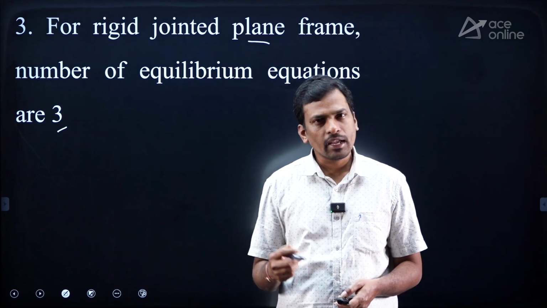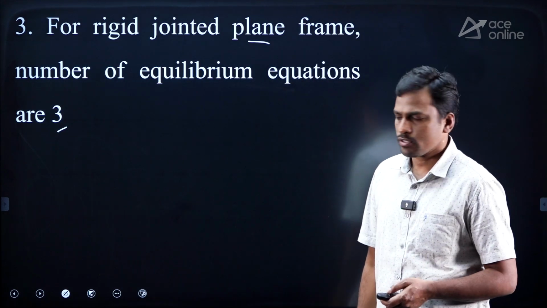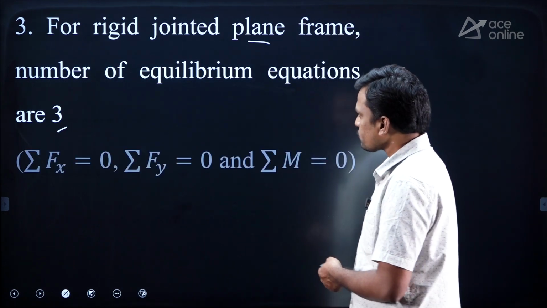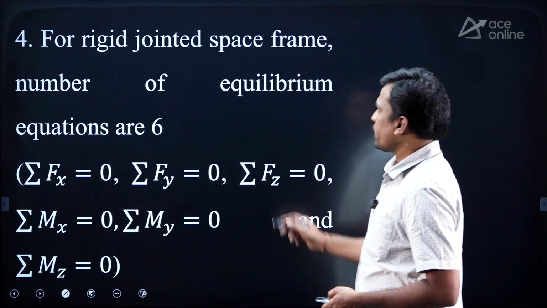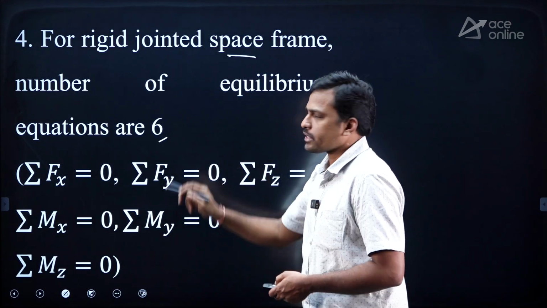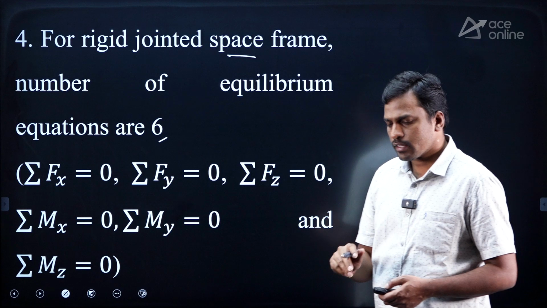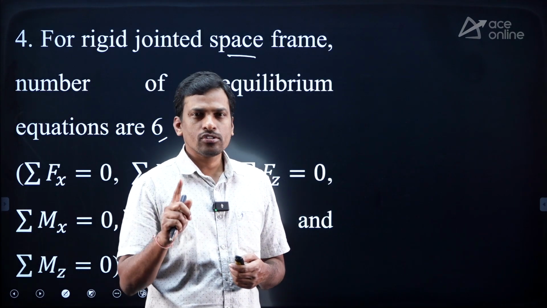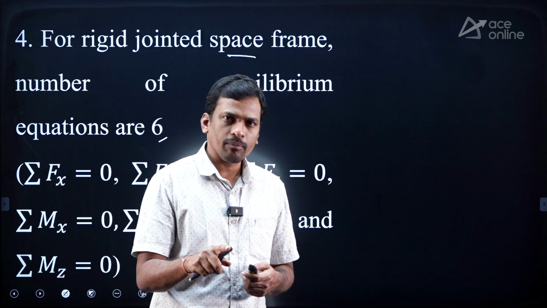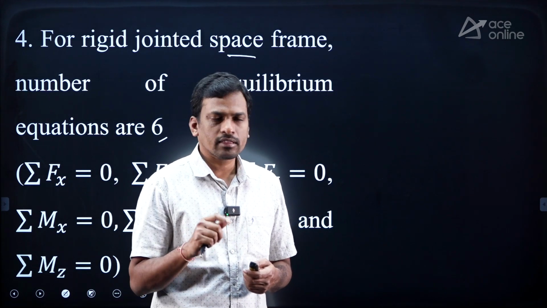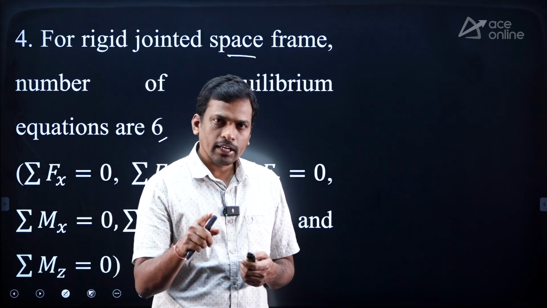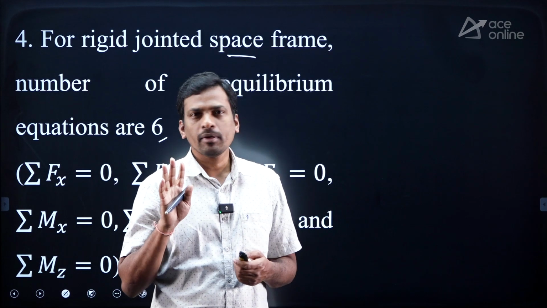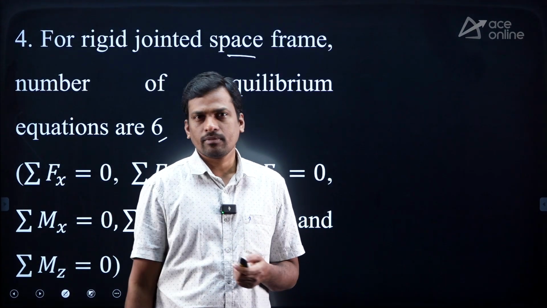Sigma Fx, sigma Fy and sigma M equals 0. Next, for a rigid jointed space frame it is 6. So students, in this topic you have to remember only 2 points. First point is for a pin jointed plane frame the number of equilibrium equations is 3. For a rigid jointed plane frame the number of equilibrium equations is 3, always 3 for a structure.